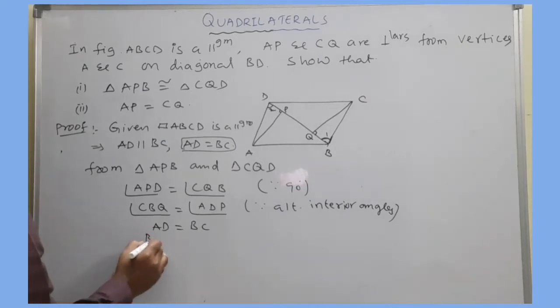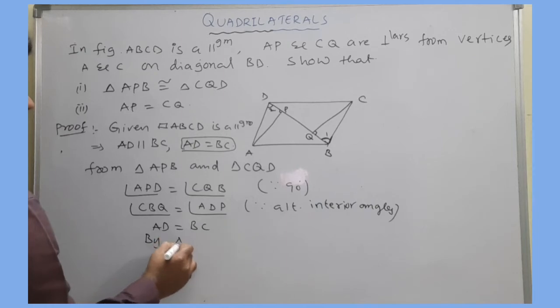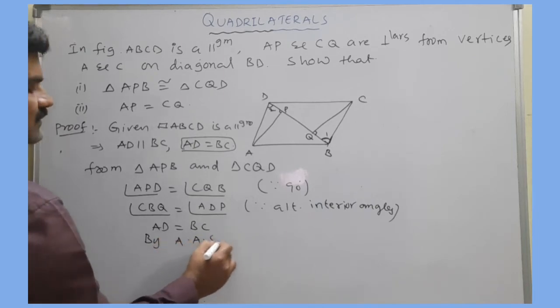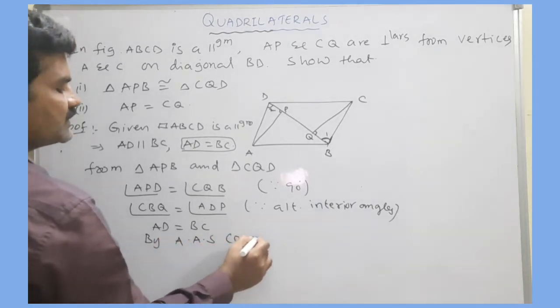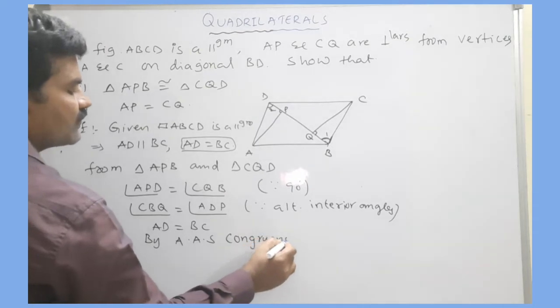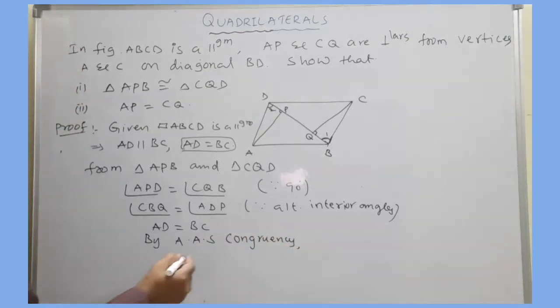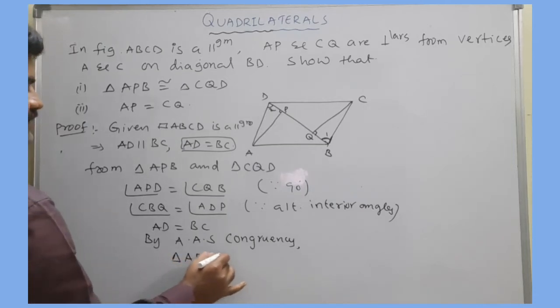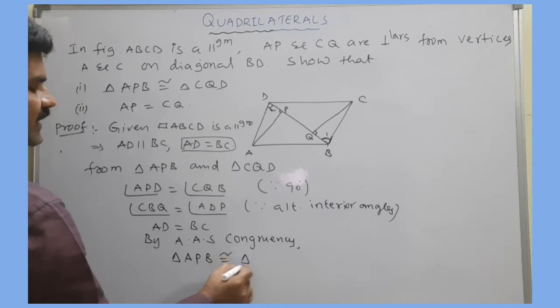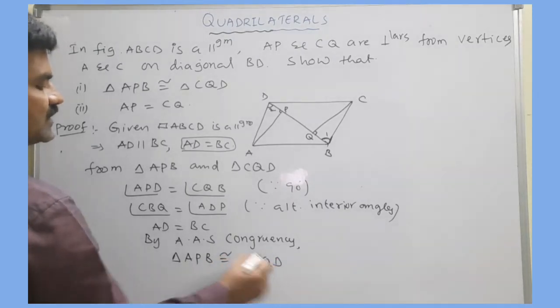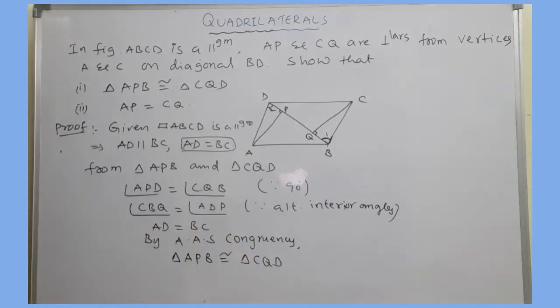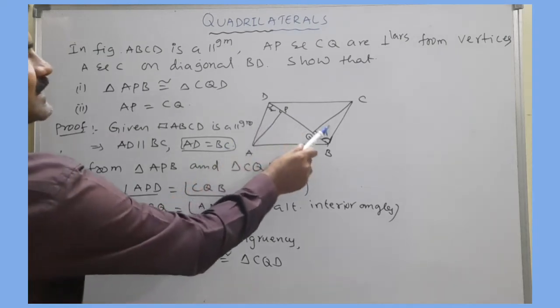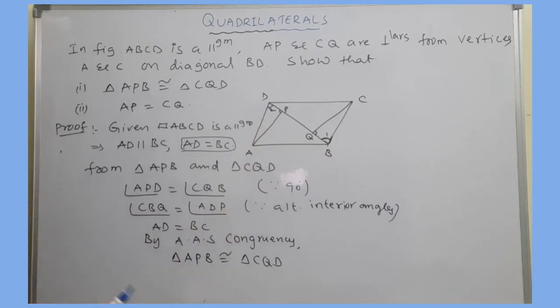So by the AAS congruency rule, we can say that triangle APB is congruent to triangle CQD.